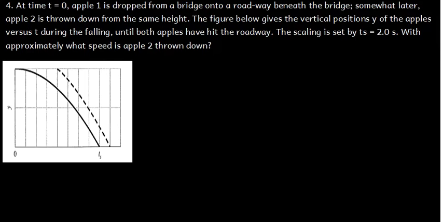So in short, what it means here is the first apple was dropped when t was equal to 2. Now the second apple was dropped 1 second later, meaning the time for us to have the same displacement is going to be t2 minus t1, because we're going to have 2 times here.